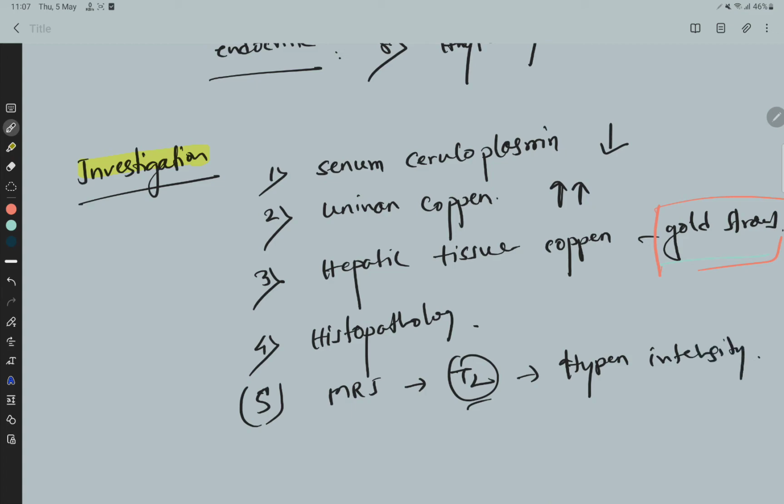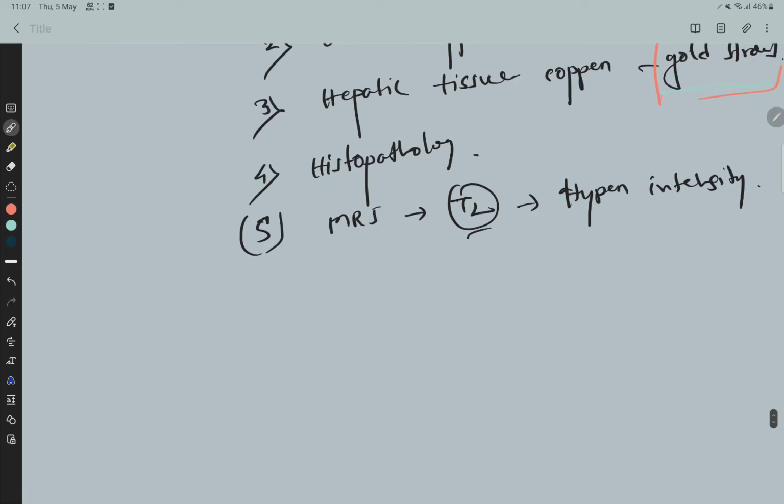Okay, so for investigation: serum ceruloplasmin, then urinary copper increases, and hepatic tissue copper, the gold standard, then histopathology and MRI can all be done. And the last point is treatment.